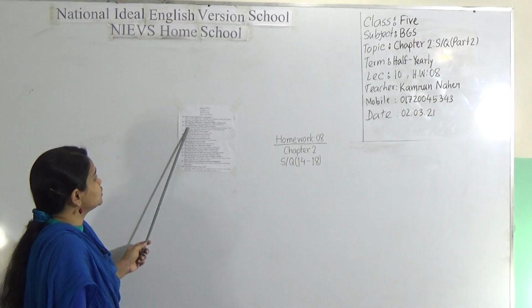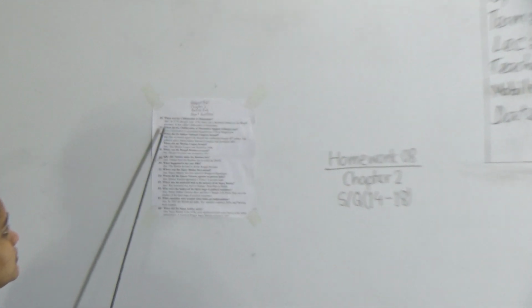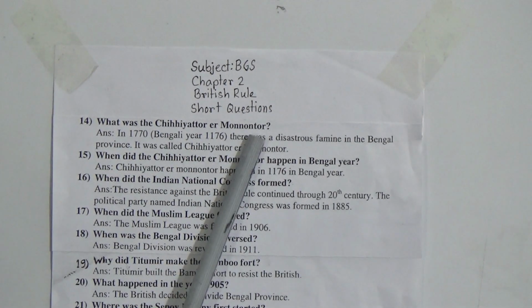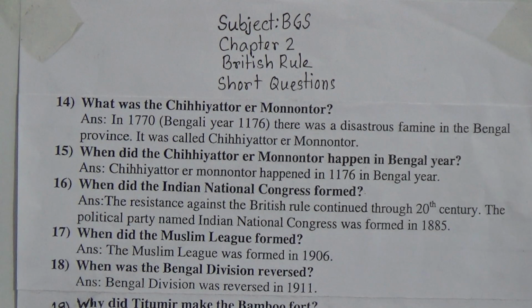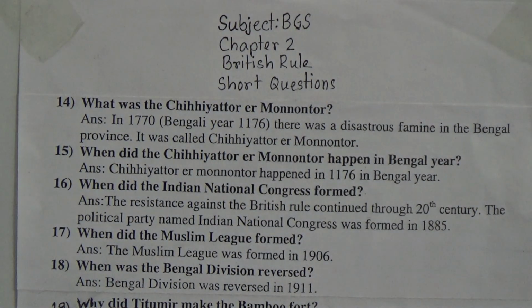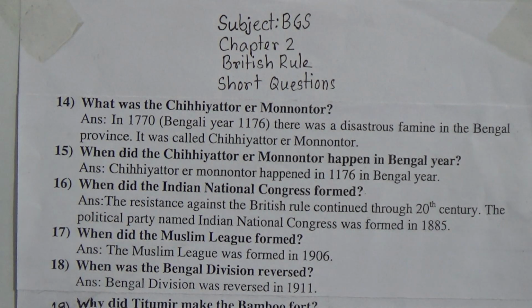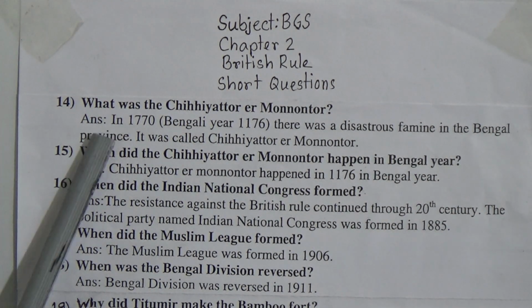Short question answer, Chapter 2, British Rule. Number 14, what was the Chhiyattarer Monnontor? We all know that Chhiyattarer Monnontor was a famine which occurred in Bengal in 1770, and in Bengali year it was 1176, and that's why it is called Chhiyattarer Monnontor.